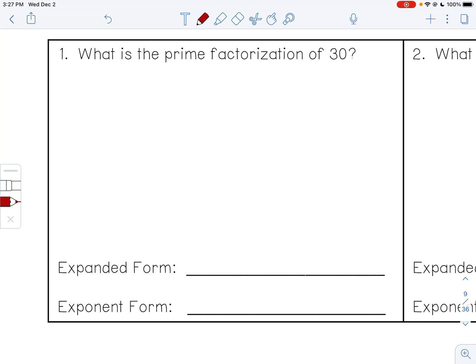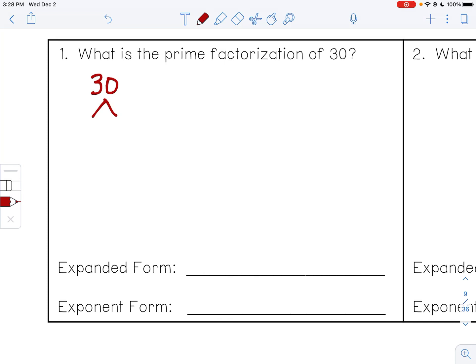So in order to make this factor tree, I'm going to write 30 at the top. And I'm going to create 2 branches, get it? Coming off of that 30. Now what I need to do is think about 2 factors, or 2 numbers, that I can multiply together to get 30.